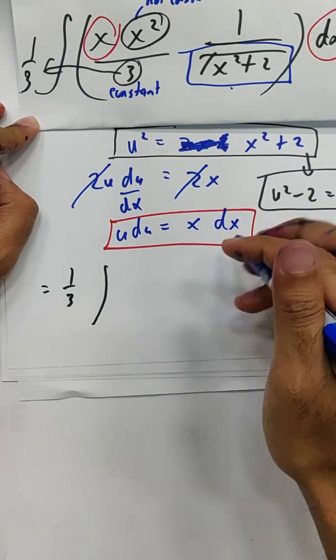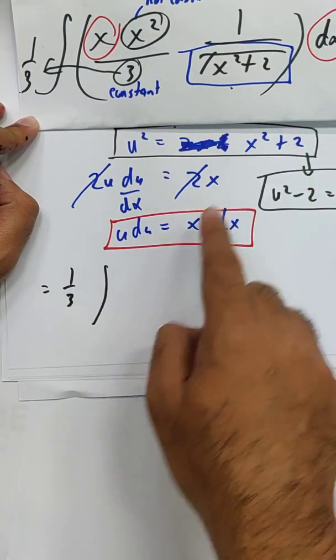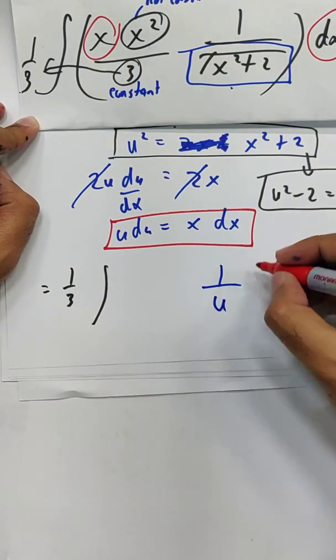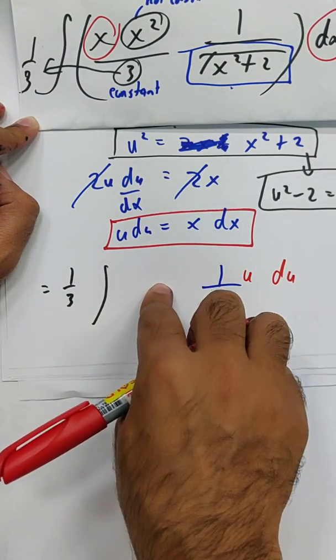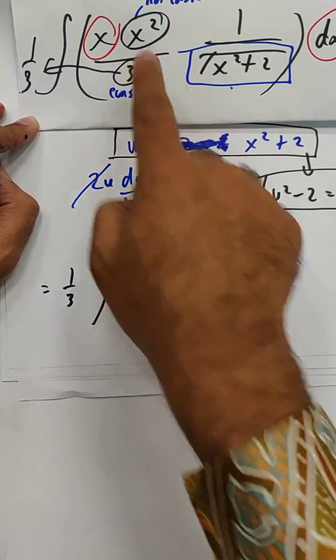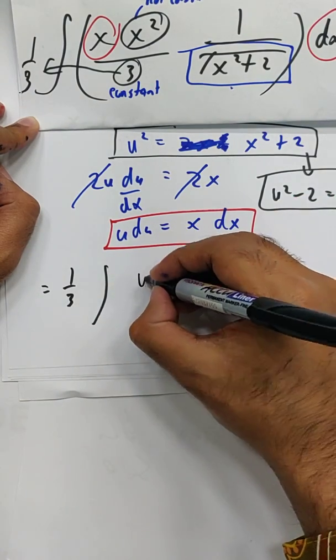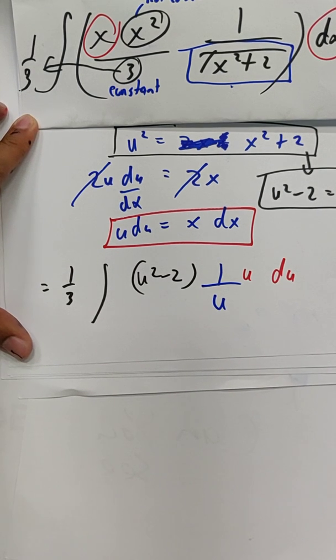So this one here becomes 1 over u. X dx becomes u du. You can write this way, I don't mind, or you can put your u on the left side, I don't mind. X squared becomes u squared minus 2. You got it? We just replace them one by one.